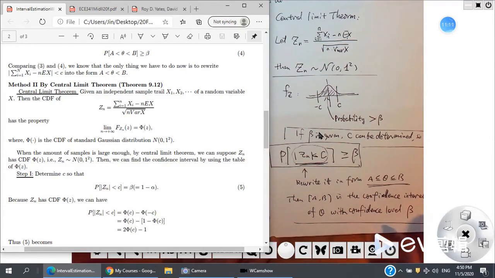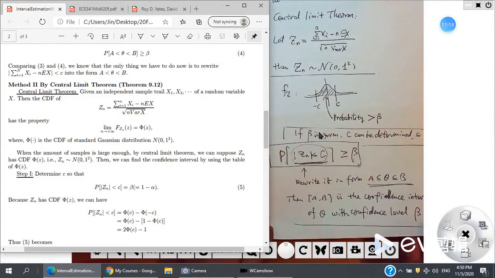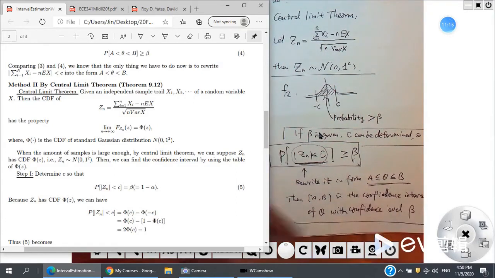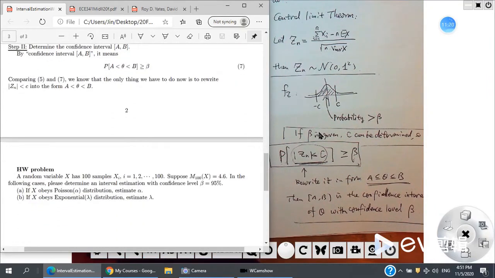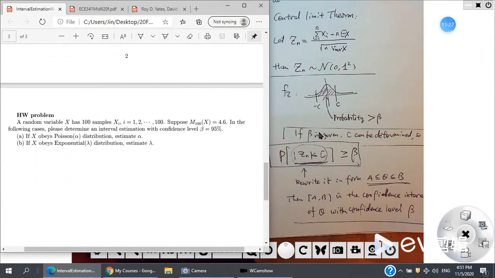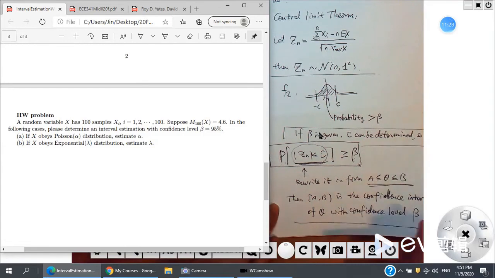Alright, then let's do an example. Here I have a homework problem. Now I change some values of this homework problem as our example here.